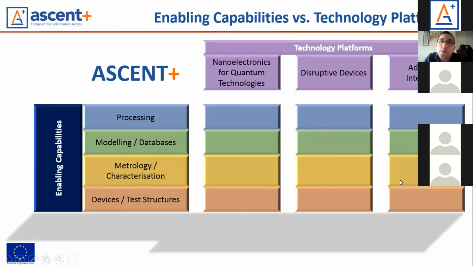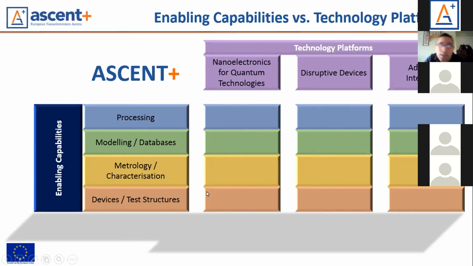So how do we target those technology platforms? If you imagine them as 3 pillars, you build those 3 pillars by providing capabilities, and that's what the ASCENT Plus program is offering. We offer capabilities for processing, modeling and databases, metrology and characterization, and device and test structures.